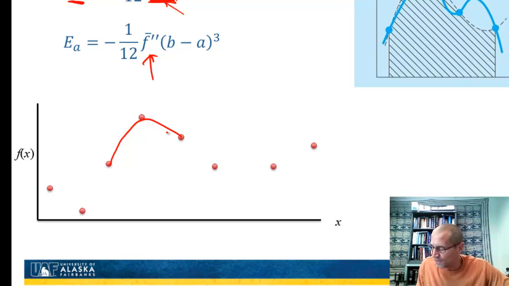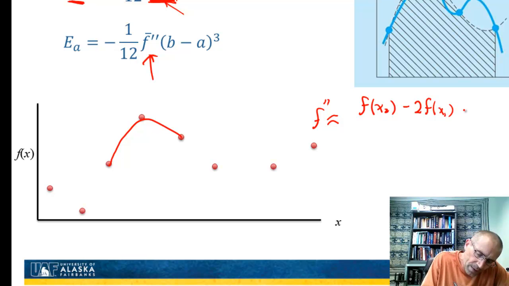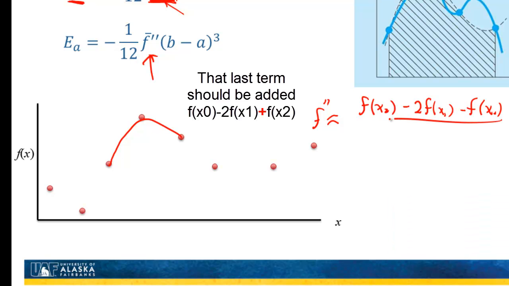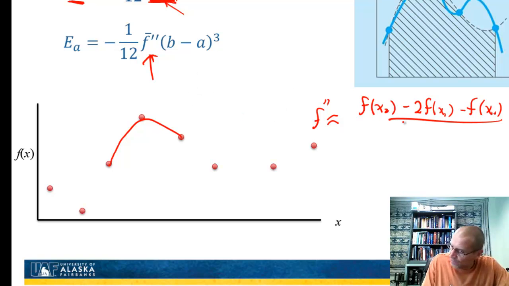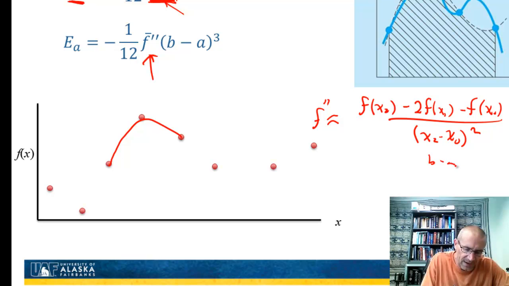We'll look at this in more detail in a couple chapters, but we've seen this before: f double prime is approximately equal to f at x2 minus 2 f at x1 plus f at x0, all of that over (x2 minus x0) squared. Or you could think of this as b minus a, either way you want.